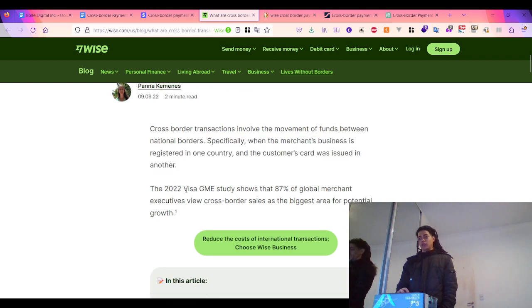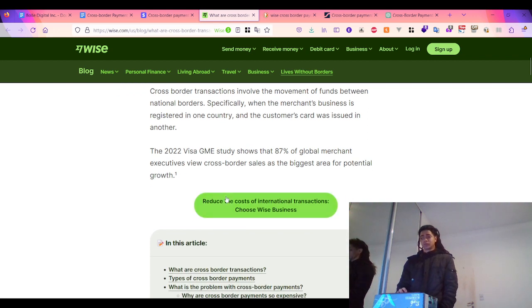So the 2020 Visa study showed that 87% of global merchant executives view cross-border sales as the biggest area for potential growth. I'm not a global merchant executive, but I just want to make sense of this.